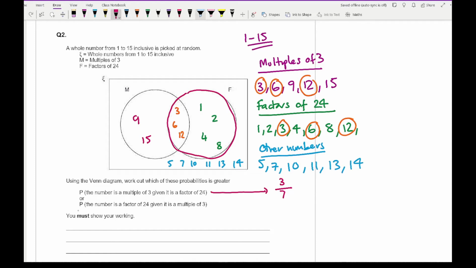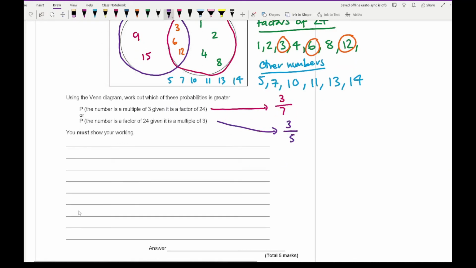Then moving on to, I'm just using a different colour, which one we've not used. Let's go for purple. So for the purple one, we're looking for numbers in this circle. So how many numbers are in that purple circle? That's going to be 5. And how many are a factor of 24? Well, that's going to be 3. So the question is asking which of those fractions is bigger.